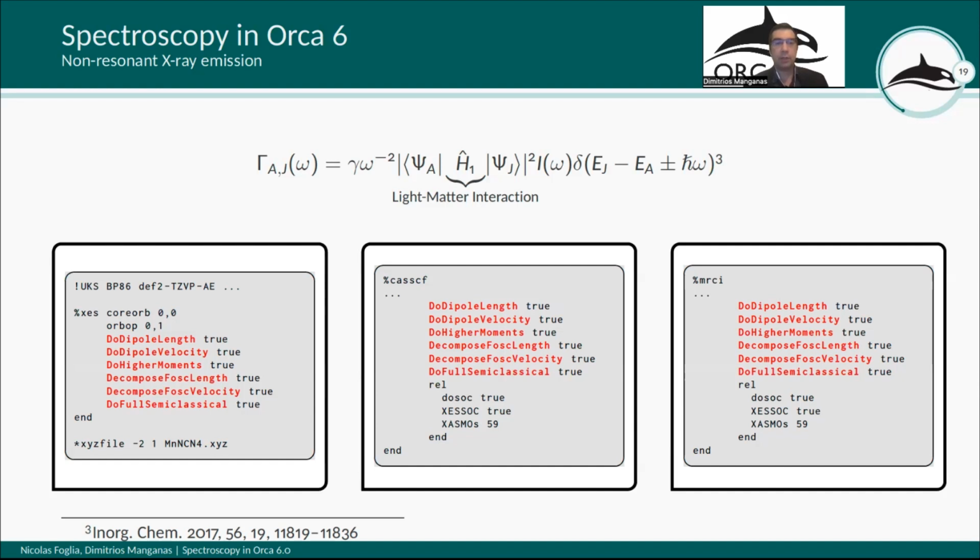Hence again, at any theory level, for example, methods that are based on orbital energy differences or wave function-based methods like CASSCF or MRCI or ROCIS and so on, one can actually use them to compute X-ray emission spectra, for example, K-alpha or K-beta, mainline or valence to core X-ray emission spectra, at any transition moment approximation, as exactly was described for the absorption type spectroscopies.